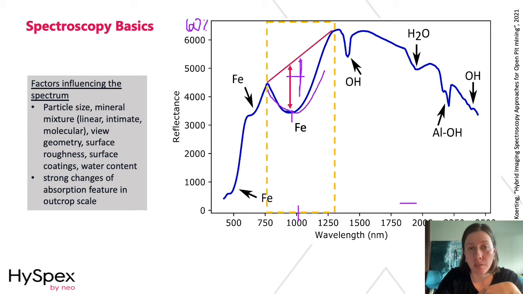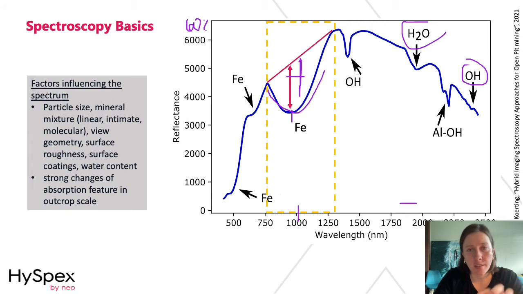So here we're looking at metal ions mostly, and in the shortwave infrared we're looking at molecular bonds and the changes introduced to these molecular bonds by incoming energy, and the vibration, for example, is causing the absorption feature here.